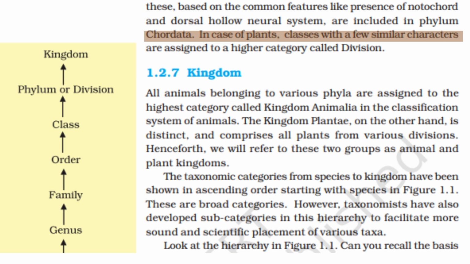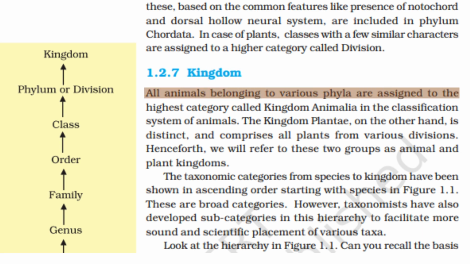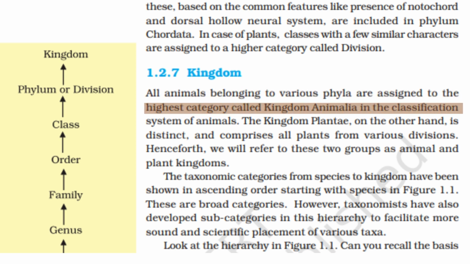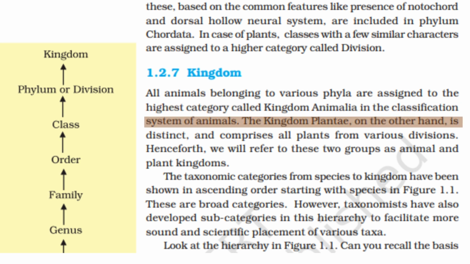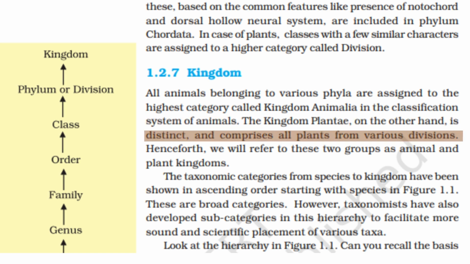In case of plants, classes with a few similar characters are assigned to a higher category called division. Kingdom. All animals belonging to various phyla are assigned to the highest category called Kingdom Animalia in the classification system of animals. The kingdom Plantae, on the other hand, is distinct and comprises all plants from various divisions.